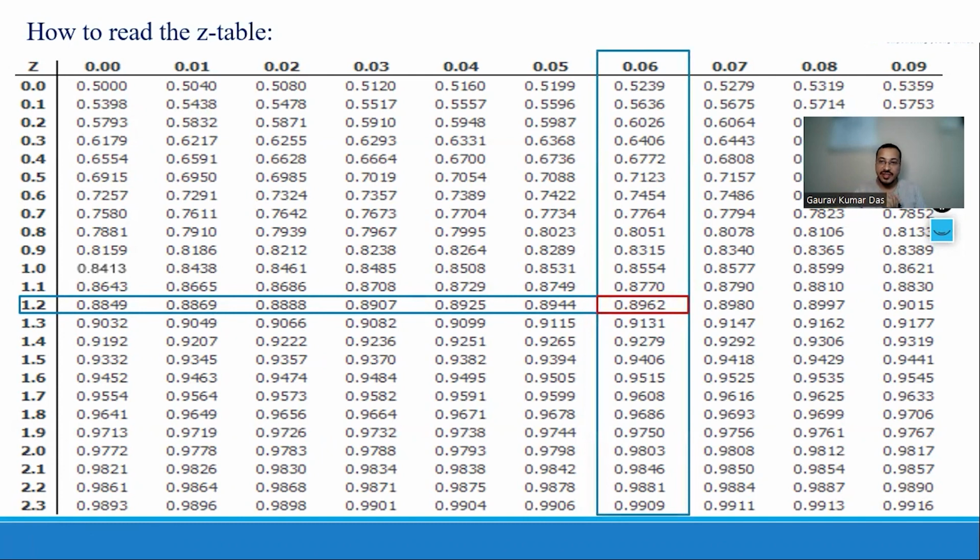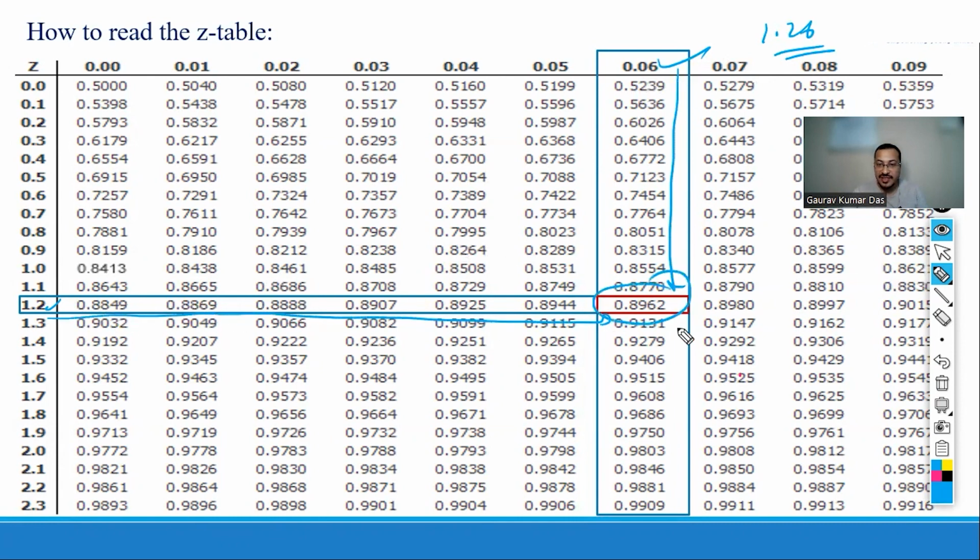And finally, I get the value, which is 0.8962. So 1.2 is this value. 0.06 is this. So 1.26. And when you go towards this line and go vertically down to get the intersecting point, it is 0.8962. And this value is the probability of Z less than 1.26, guys.